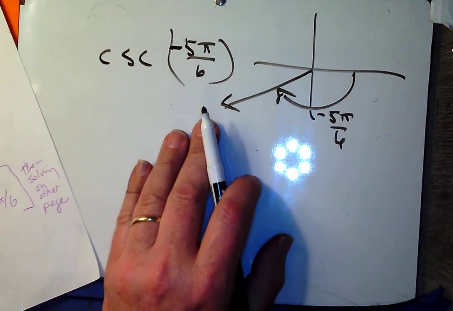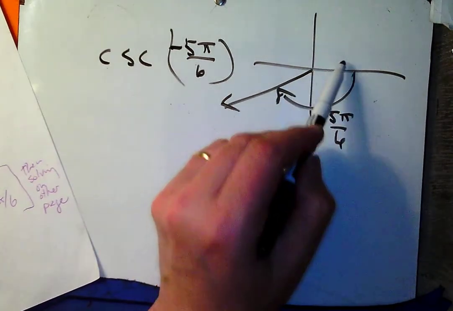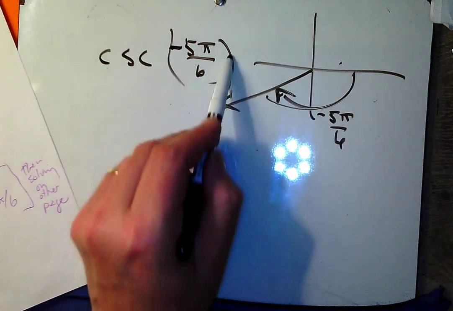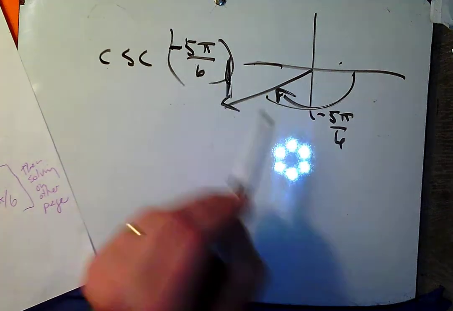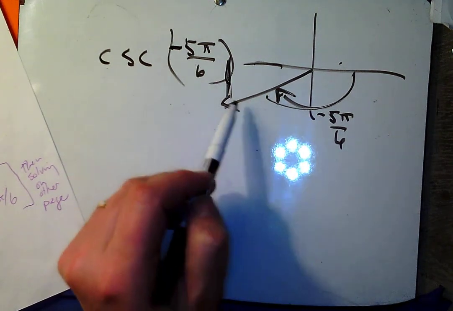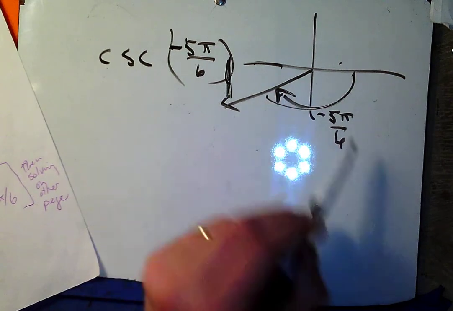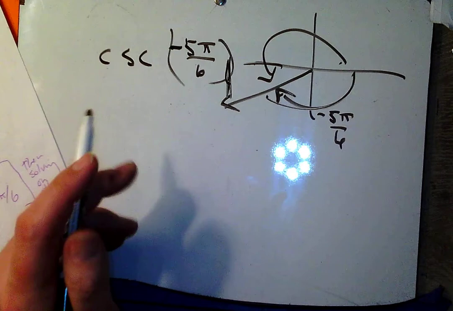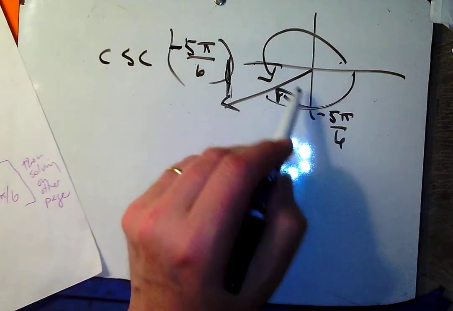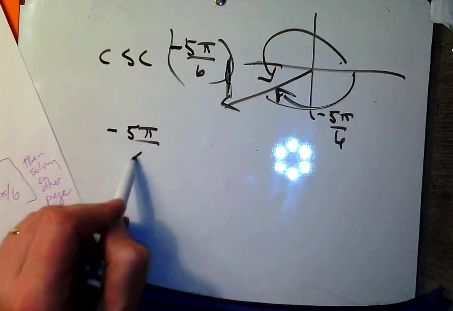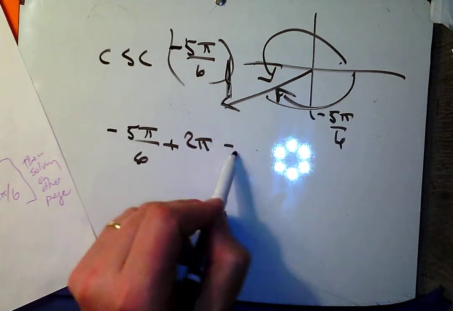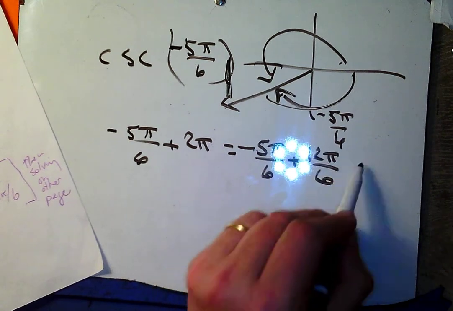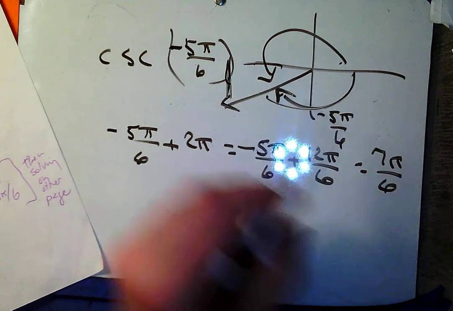Let's think about this. So this is my negative angle, and cosecant is going to be 1 over that y value. Well, where am I? If this is negative 5 pi over 6, what's that angle? Negative 5 pi over 6 plus 2 pi is negative 5 pi over 6 plus 12 pi over 6, or 7 pi over 6.